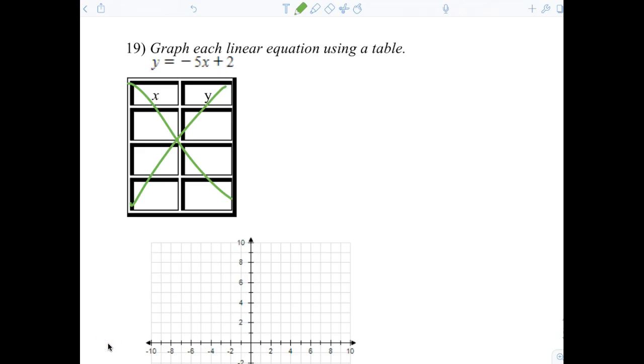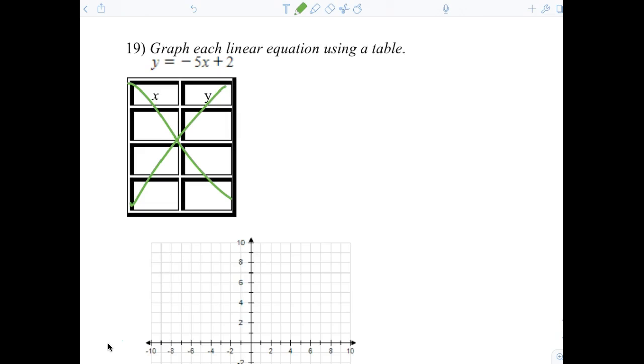Drew, tell me how to graph this. Okay, so you go up to 2, and then do -5/1. Yes, down 5 to the right 1.